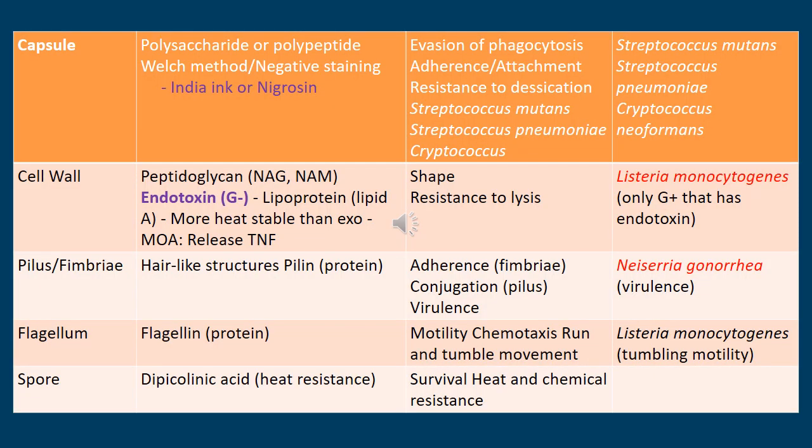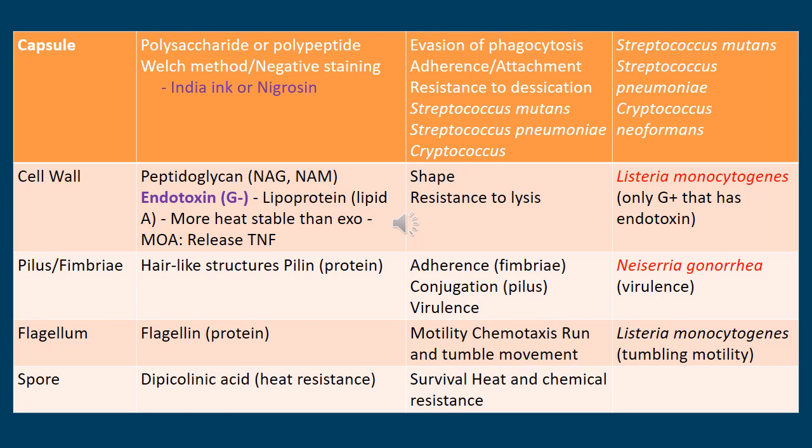So in here we have the different cell structures of your prokaryotic cell, with their components, including the function and of course yung example bacteria natin. So for capsule, this is being utilized for the evasion of your phagocytosis, sa tinatawag natin even adherence and attachment.